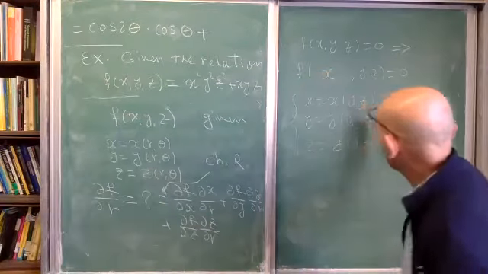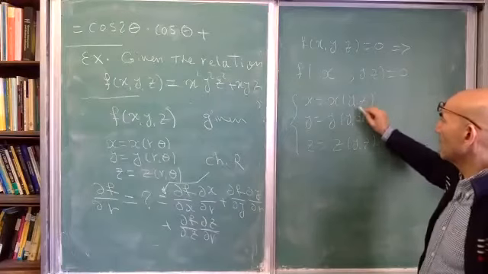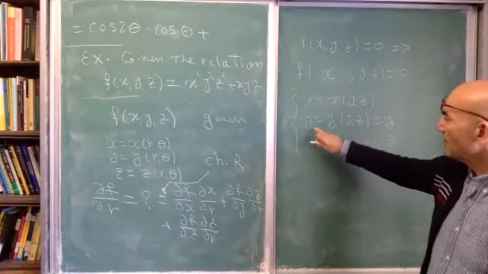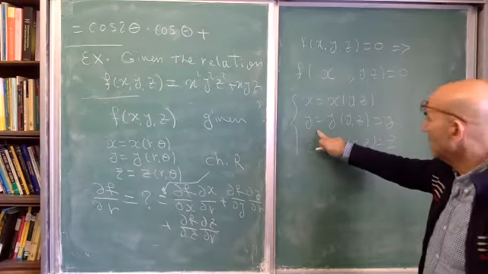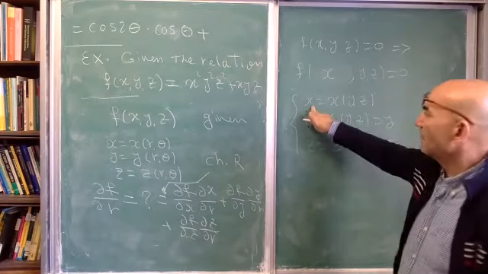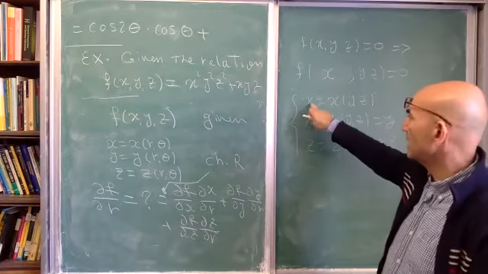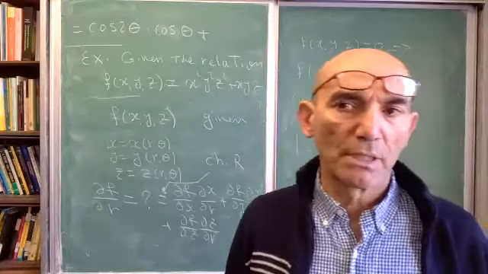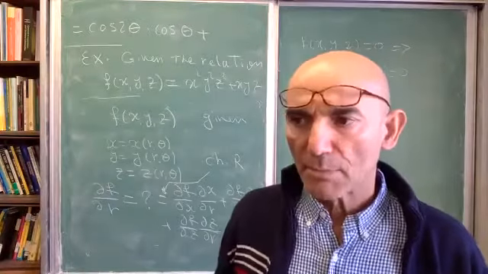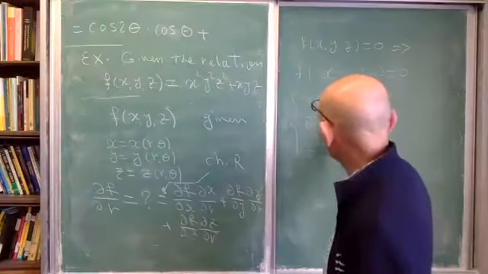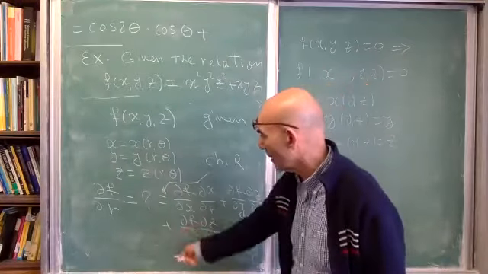I'm not using our theta variables. I'm using y, z variables, but that's okay. We have the functional dependence here. We have the functional dependence here. And for the first one, we do not have the explicit form, but we know that there is a functional dependence. Its exact form doesn't matter. We want to compute partial derivatives. And then all you have to do is use just this formula.